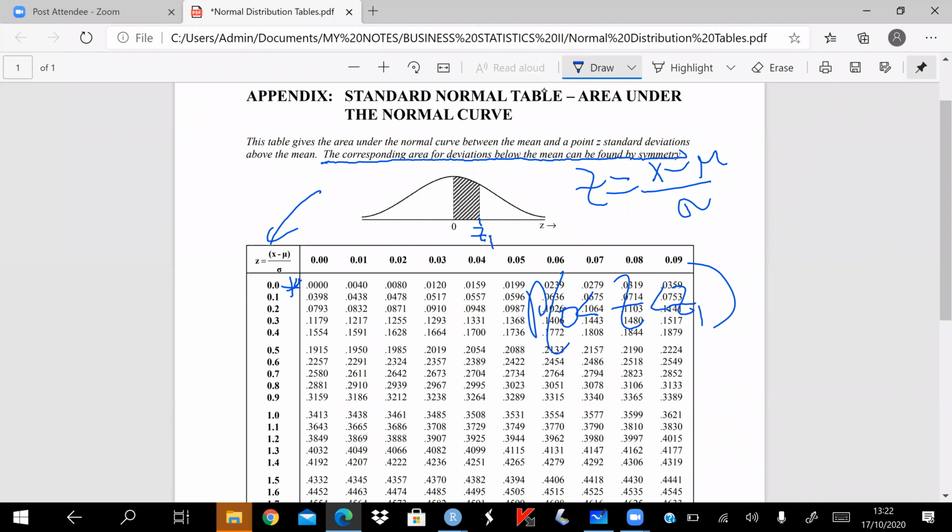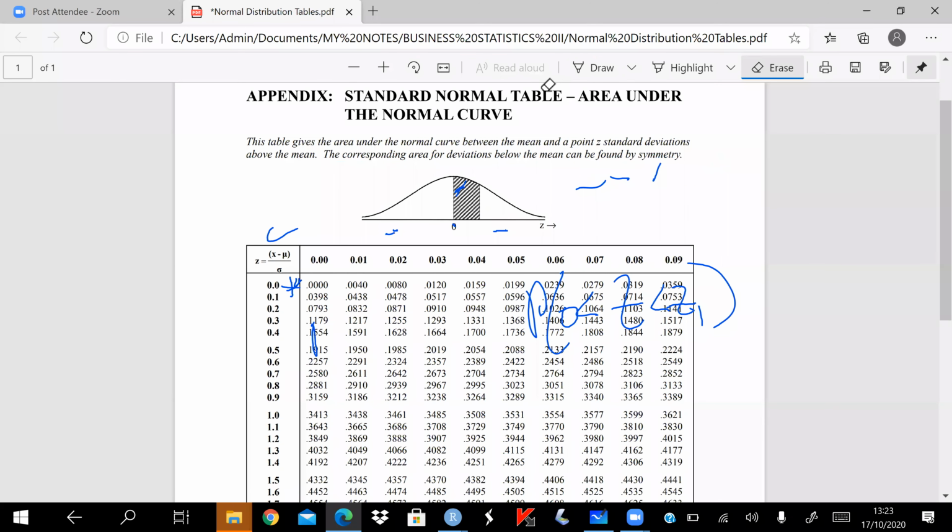For instance, Z equal to 3 is the same as when this value is minus 3. The area from 0 to 3 is the same as the area from 0 to minus 3. That's the concept of symmetry, and that's what we shall be applying.